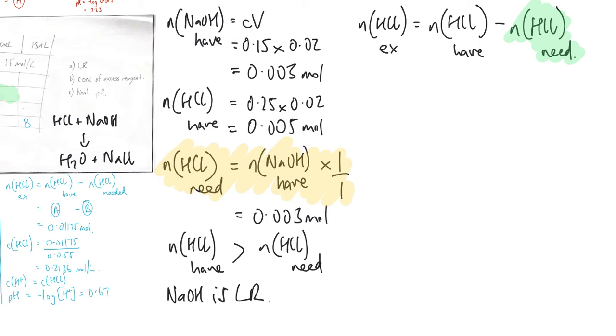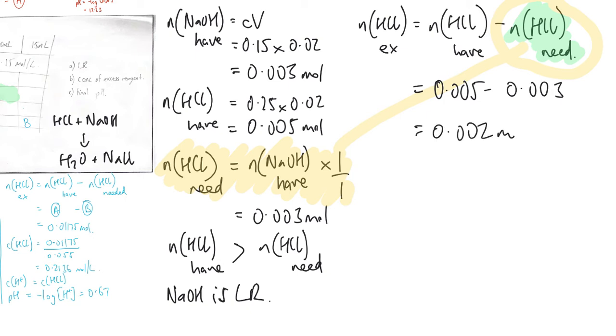If these two don't match, then you will have to do another calculation to get this value. But sometimes you get the one that is in excess, so you don't have to do another calculation. Just be aware that you may need to do another calculation to get the number of moles of the excess substance that was used in the reaction. That one happens to be effectively what we have, which is 0.005, subtract 0.003, which will be equal to 0.002 mole, and that's the amount of HCl that's left over.